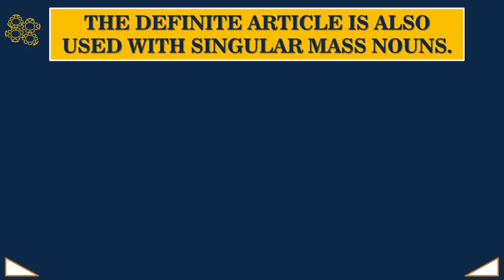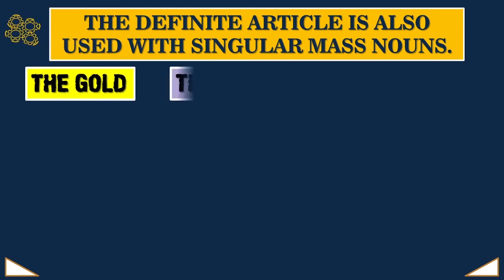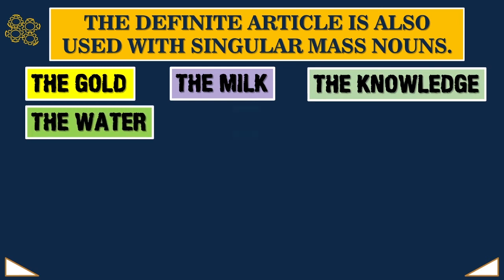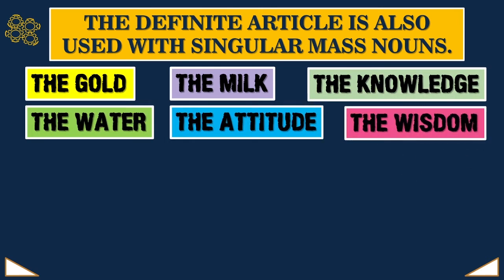The definite article is also used with singular mass nouns, as in the gold, the milk, the knowledge, the water, the attitude, the wisdom, and so on.